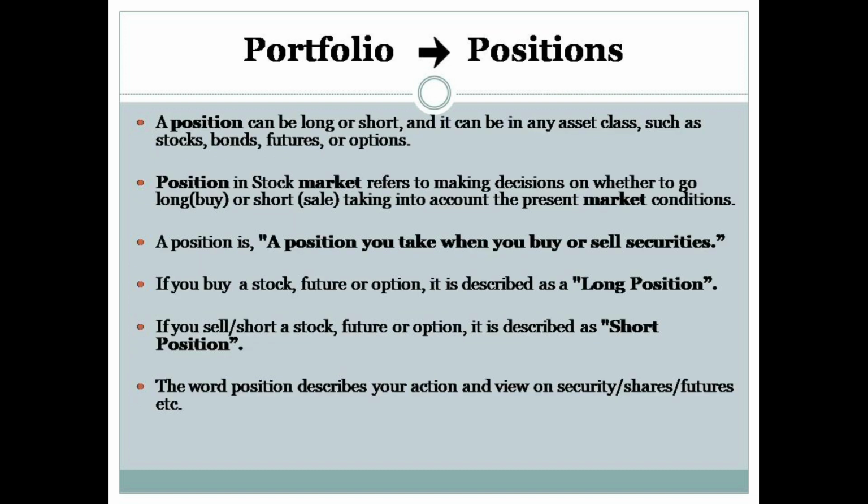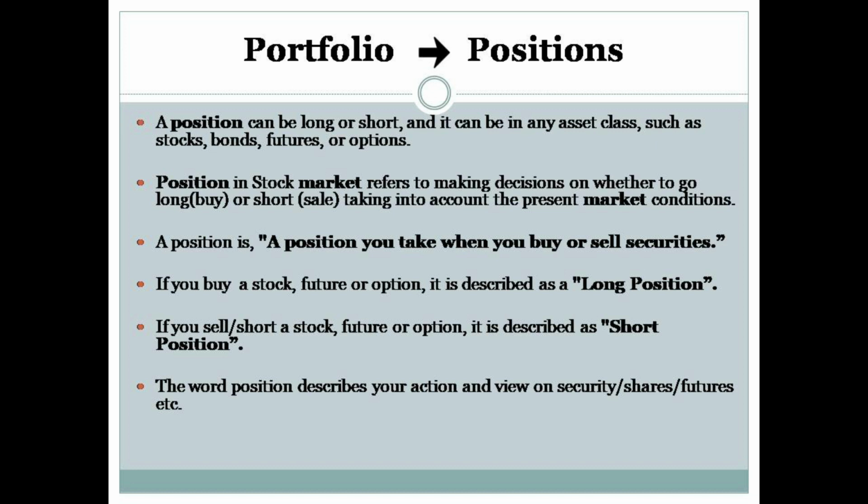So the second sub tab under portfolio is the positions. A position can be long or short, and it can be any asset class such as stocks, bonds, futures or options. Position in stock market refers to making a decision on whether to go long, that is buy, or short, that is sell, taking into account the present market condition.